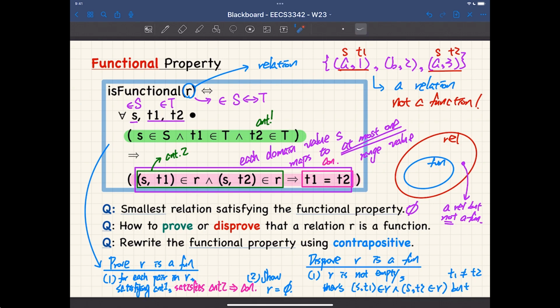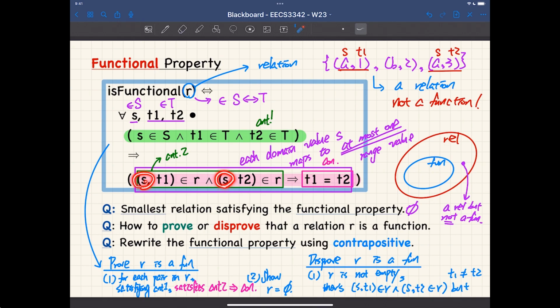Question? For T1 equals 2, does that mean, for example, the one that you have (A, 1), (B, 2), and (A, 3), does that mean T1 and T2 has to be the same? Has to be the same. Let me say that again. If you look at this relation here, you want to search for a pattern where you got (S, T1) and (S, T2). So here we're requiring that the first value must be the same.